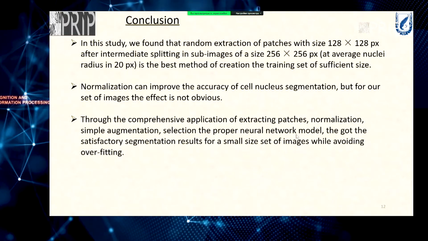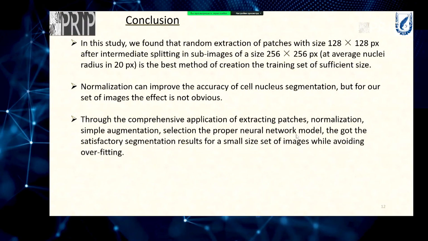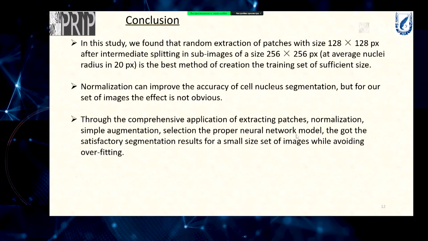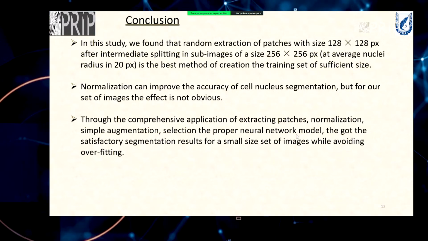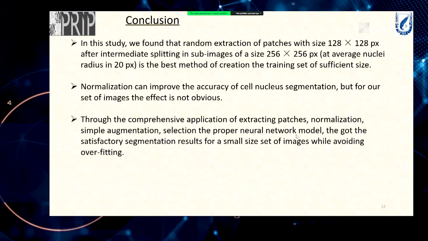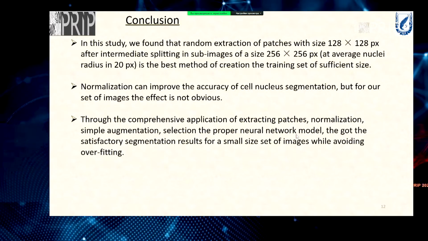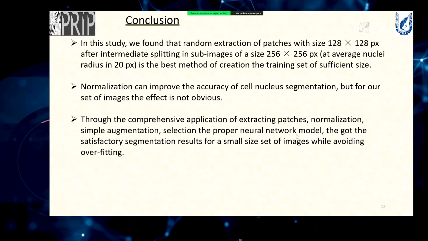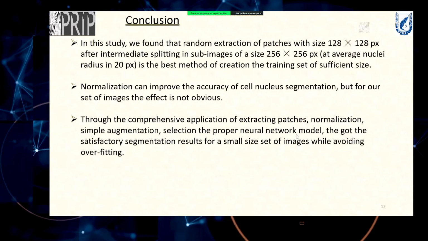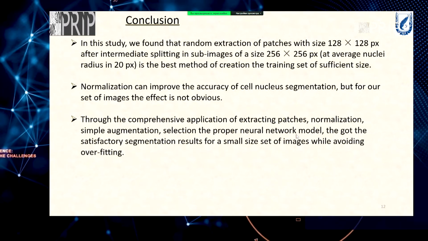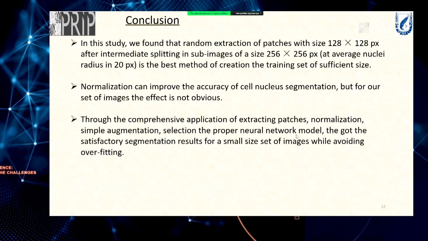we can conclude that firstly, the random extraction of patches is more powerful, more useful. It's the best method for us to create the training set with sufficient size. And secondly, normalization can't prove that it has positive effects.